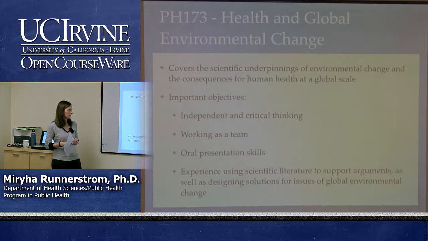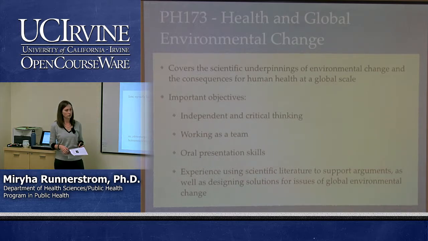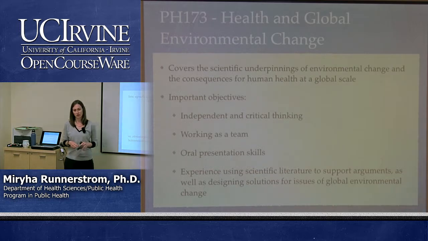So this course really discusses all of the different scientific underpinnings for how health is influenced by these rapid, large-scale global environmental changes like climate change, and we talk about issues like food scarcity and food security and things like that. In this class, in addition to all these themes that I keep bringing up about independent and critical thinking, the class is really based on working as a team.